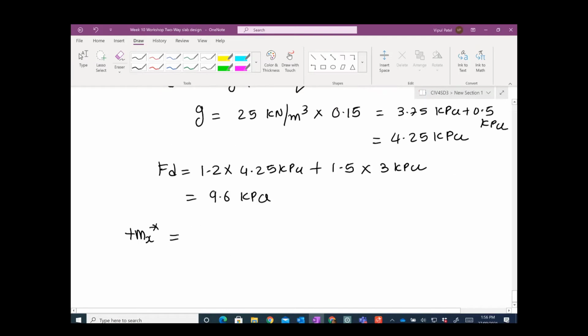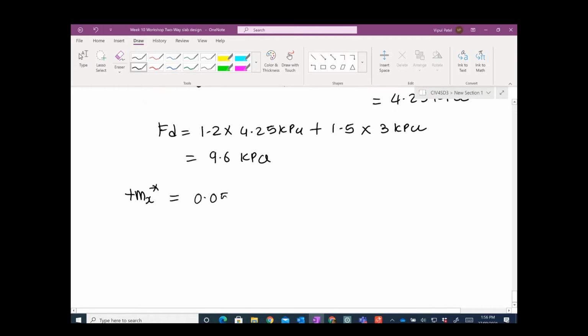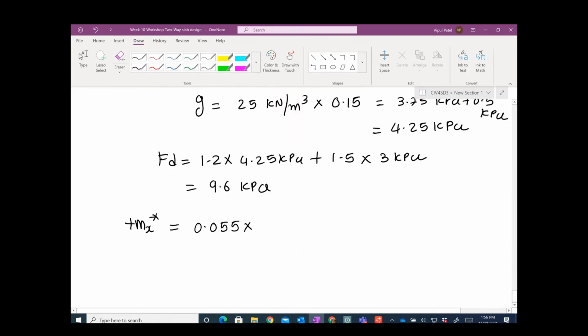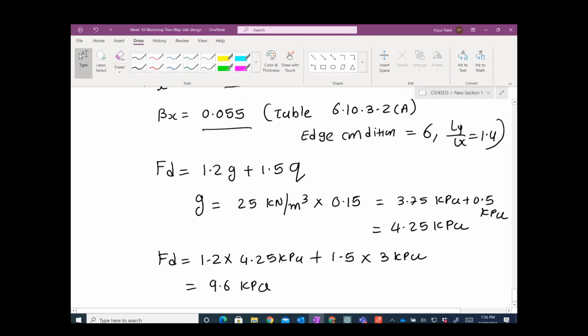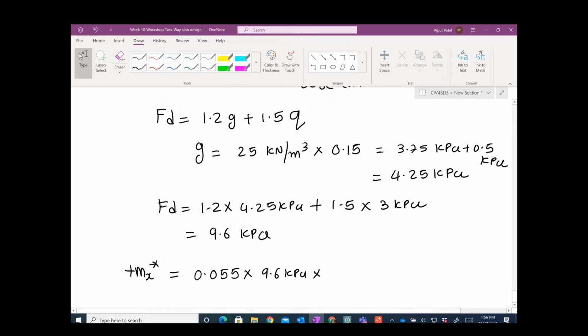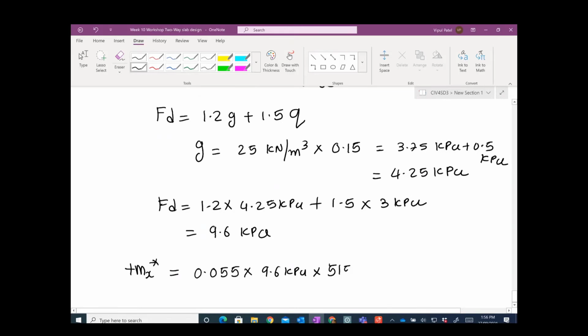So if I calculate this positive bending moment in the x direction, shorter span, equal to beta x, we have 0.055 times FD value of 9.6 kilopascals times Lx square. I think the Lx we have is 5150, I think we calculated that one. Let's put 5.15 meters square.